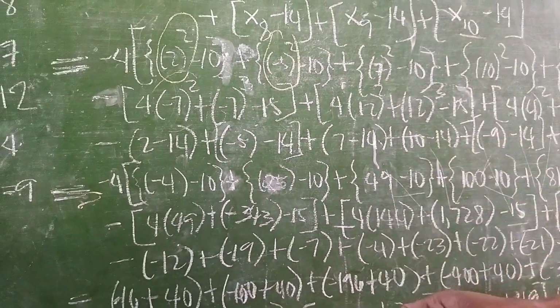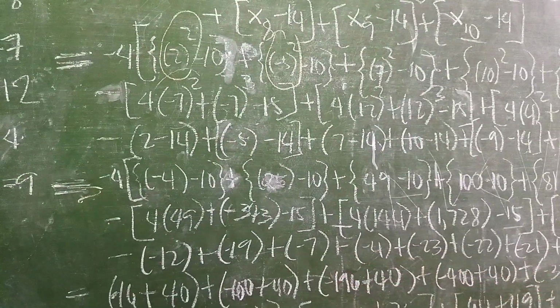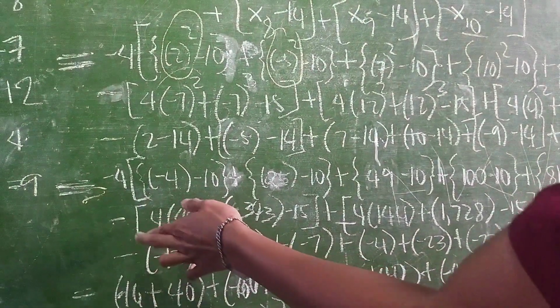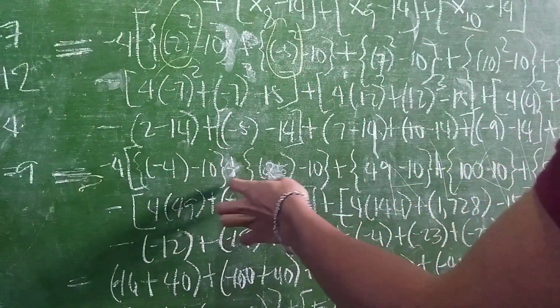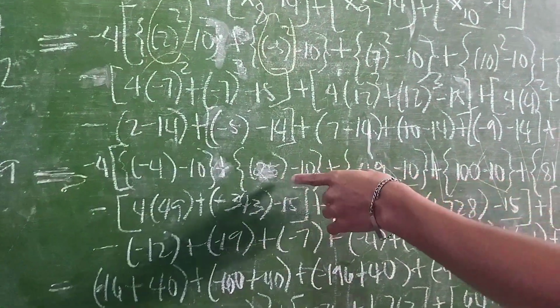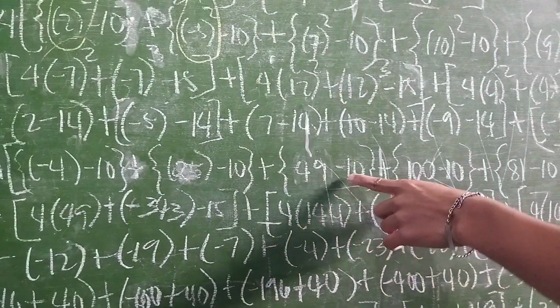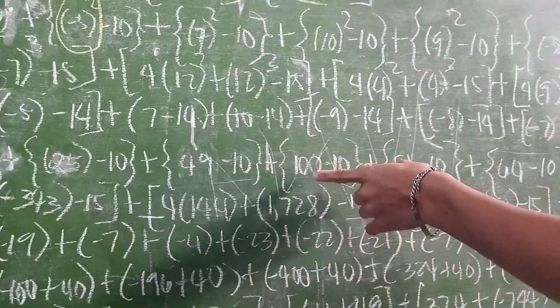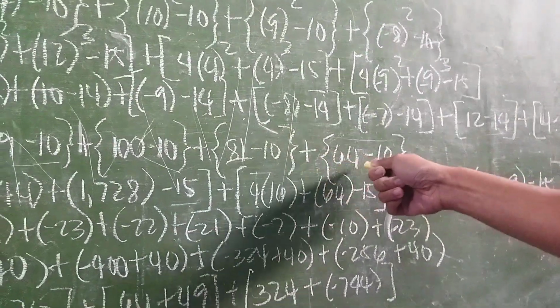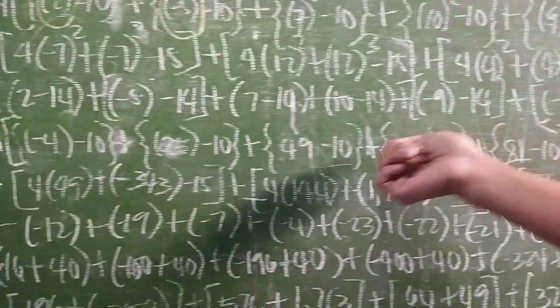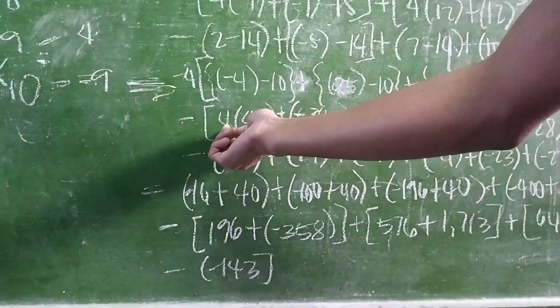If there is a squared, it will be like this: negative 4 times negative 4 minus 10 plus positive 25 minus 10 plus 49 minus 10 plus 100 minus 10 plus 81 minus 10 plus 64 minus 10. Now, second summation, 4.